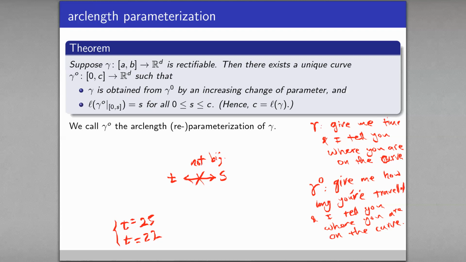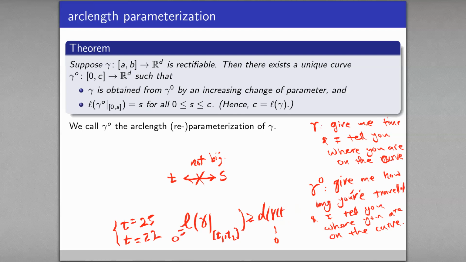Remember that the length of gamma between any interval t1, t2 is bigger than the distance of its endpoints, gamma t1, gamma t2. So if s remains the same for t 22 and t 25, there's no new length gained. This means the distance is 0. That means gamma t1 and gamma t2 are equal. You can pick t1 and t2 between 22 and 25.